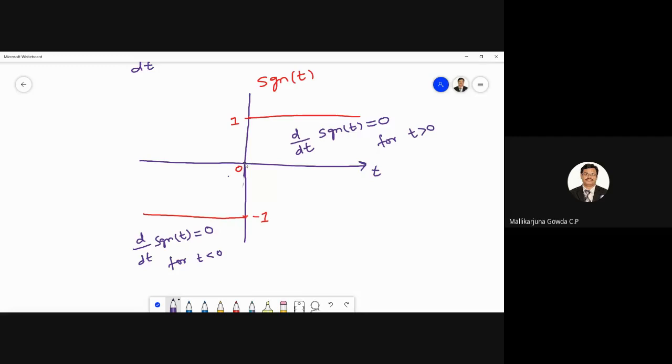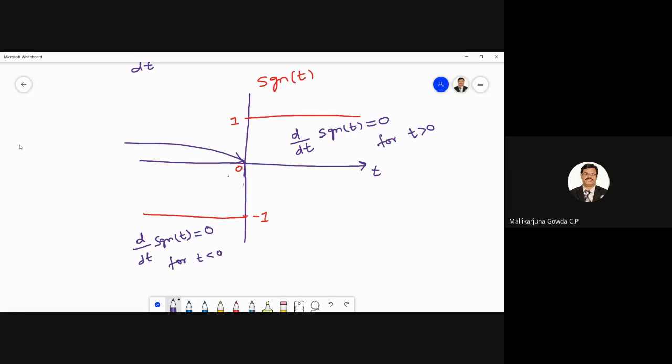So at t equal to 0, what are we observing? There is a step change in its magnitude. At t equal to 0, it is changing from +1 to -1, or we can say -1 to +1, right?